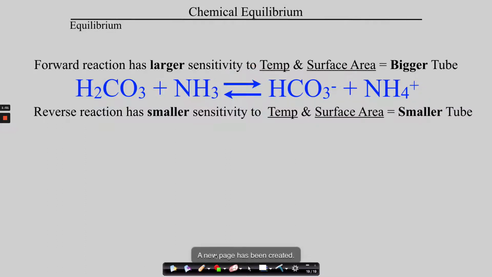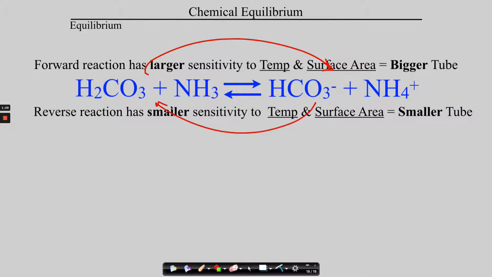Knowing that, this tells us that while these reactants are forming products, these products are also reacting together to form reactants. It forms this circle going back and forth and happening at the same time. And we get a reversible reaction that doesn't have an end. It just continues going on and on.